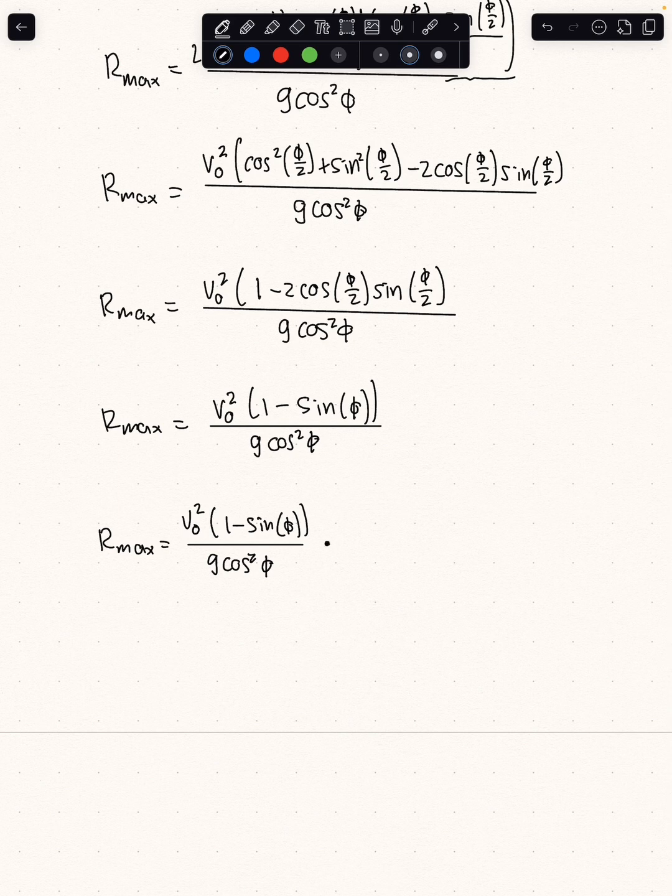And we're going to multiply that by, we're going to change the denominator. Cosine squared is equal to 1 minus sine squared, and now we multiply the top and bottom by 1 plus sine phi.